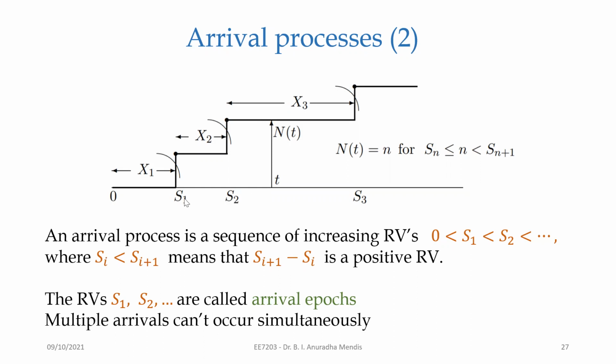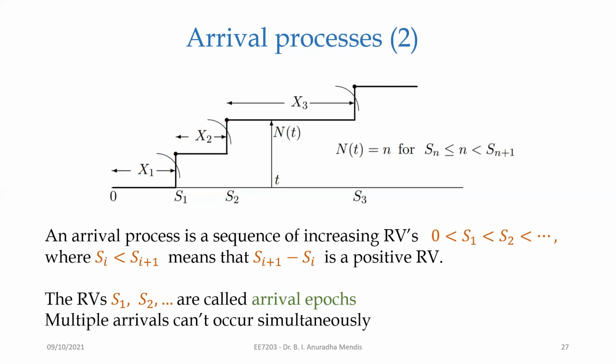When there is an arrival, we map that arrival into a random variable. And the interesting thing is this S_n is always less than S_(n+1), because these are increasing random variables. So S2 cannot be less than S1 at any point.